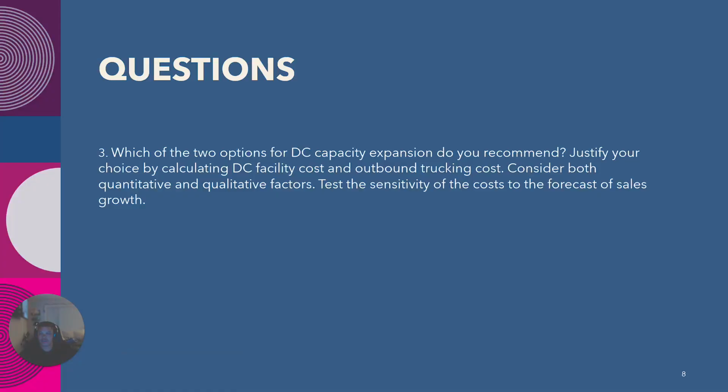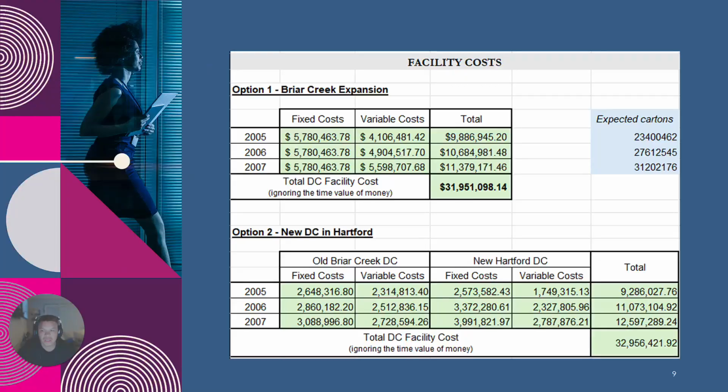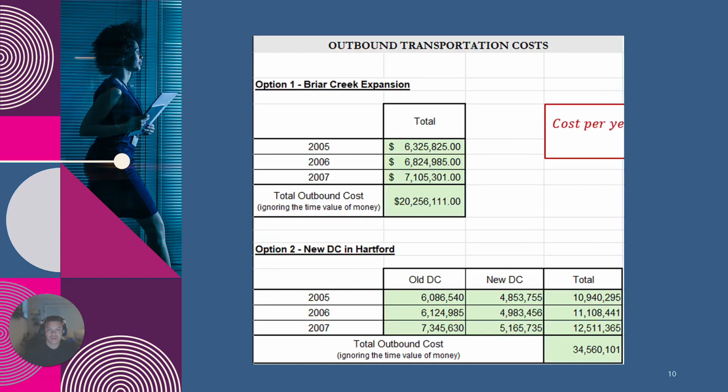This kind of goes into the other question, which is which of the two DC options for capacity expansion do you recommend? So, in order to answer that question, we must look at the options. Option one is for the Briar Creek expansion and the new DC in Hartford. Clearly, the total cost of Hartford in my example is more as far as the facility costs and as far as the outbound transportation costs.